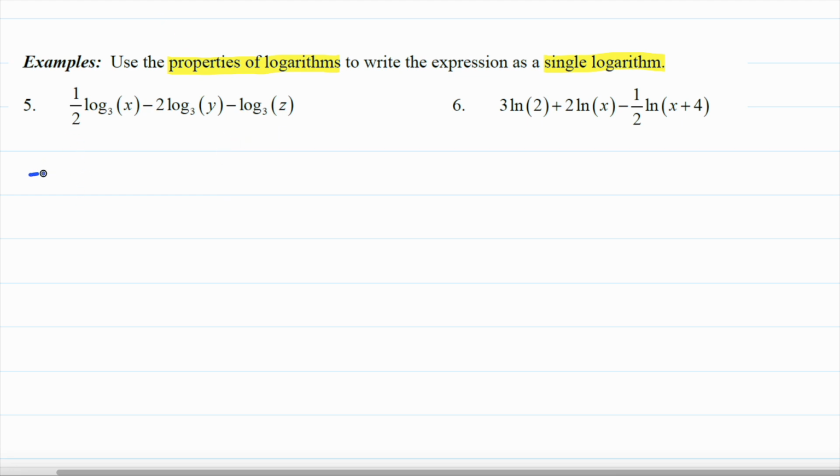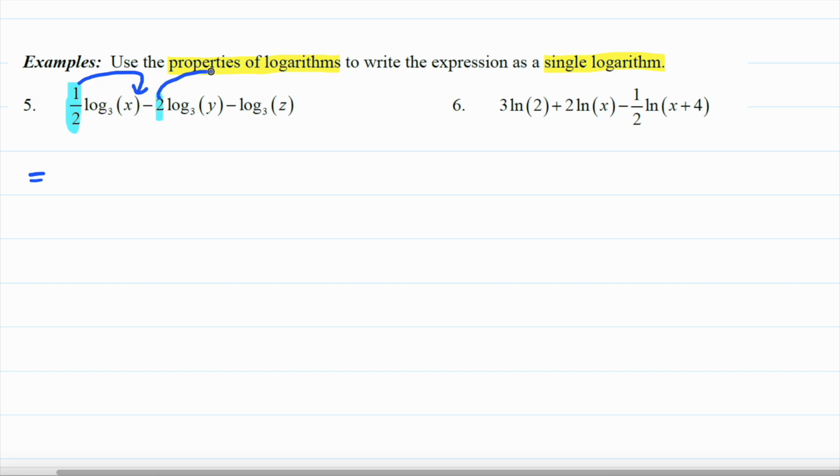First step is, before you do anything, if you see a number in front of log, like in this case a 1 over 2 in front of log, and negative 2 in front of log, we have to make them powers. So this 1 over 2 I will move on top of x, it will be the exponent of x. We are using the third property here, but the opposite way.